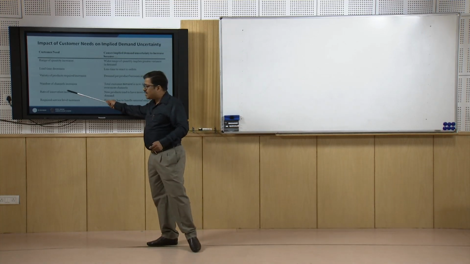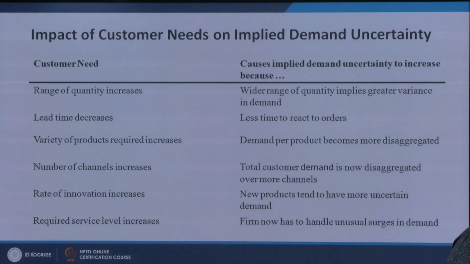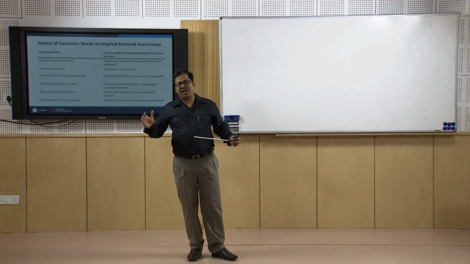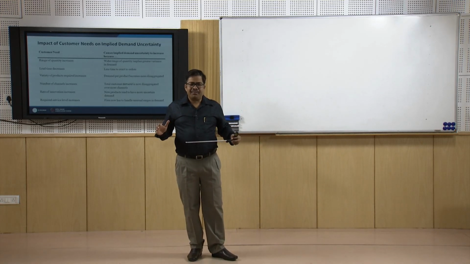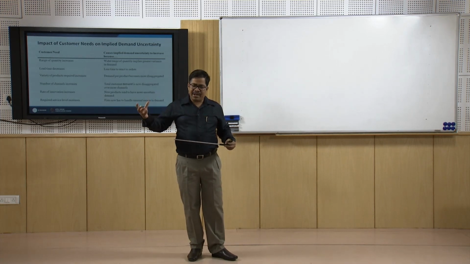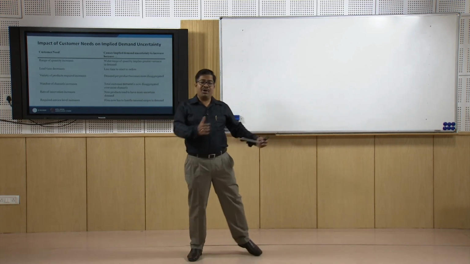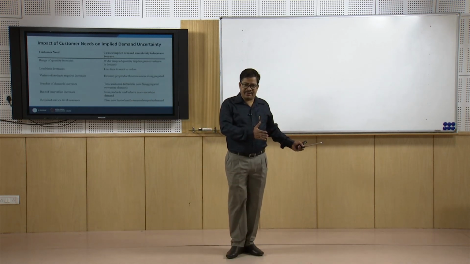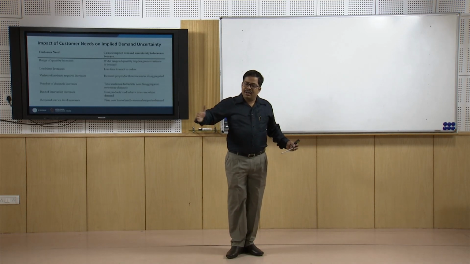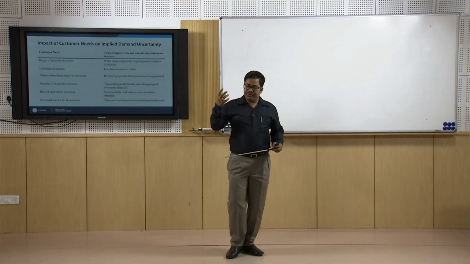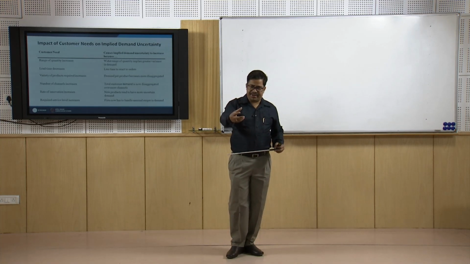Then the number of channels is also increasing. Earlier we used to have simple brick and mortar type of supply chains, but nowadays you have small kirana shops, you have big malls, and then you have e-supply chains also. So, there are different types of channels through which companies are reaching the customer.